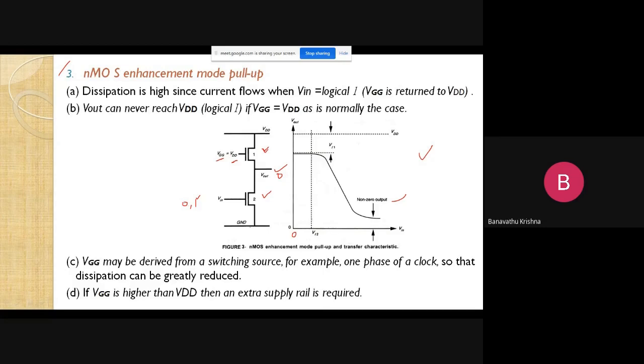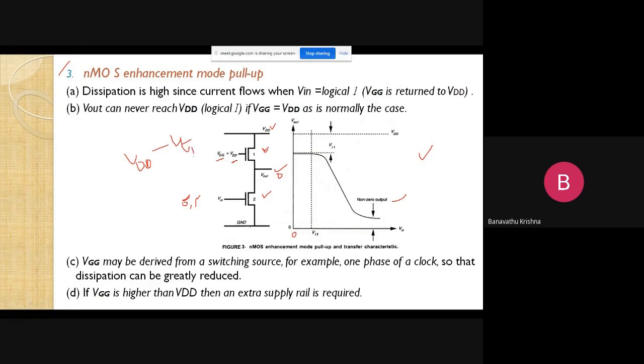So if we are applying input 0 here, there is some voltage drop. By applying this input voltage 0, we are getting the response as VDD, but there is some drop across this device. That is VDD minus VT, where VT is the threshold of transistor 1, that is VT1.